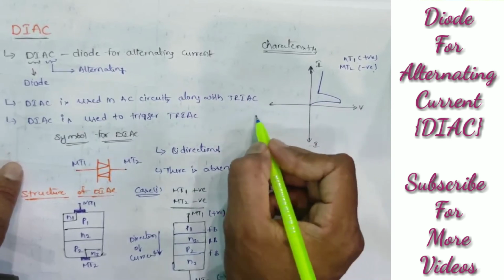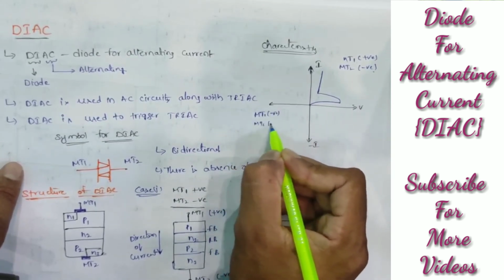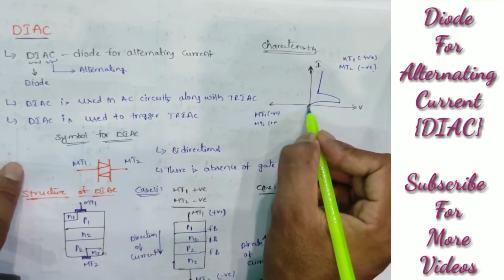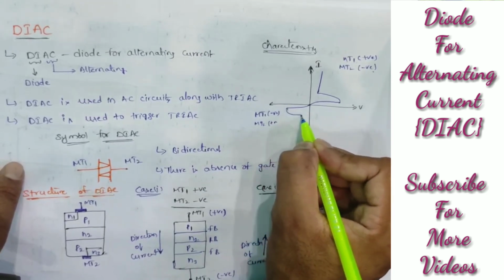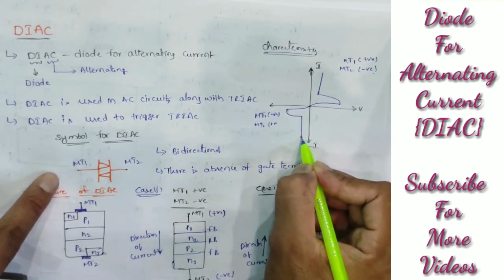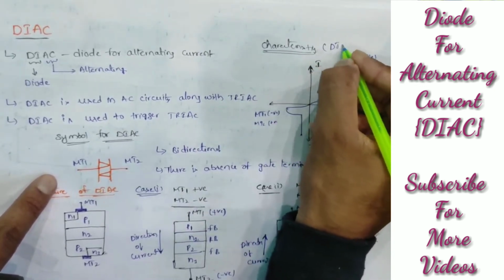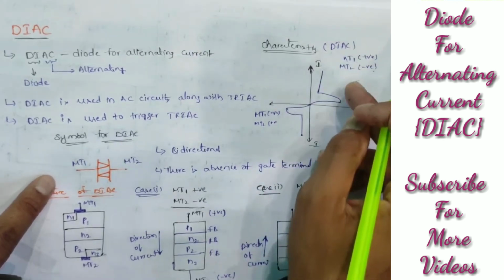In the next case, MT1 is negative whereas MT2 is positive. In this case, it is the same but in the reverse direction; the current is very small. After breakdown, the current will be maximum. This is the characteristics of the diac. Simply, the diac is bidirectional only.